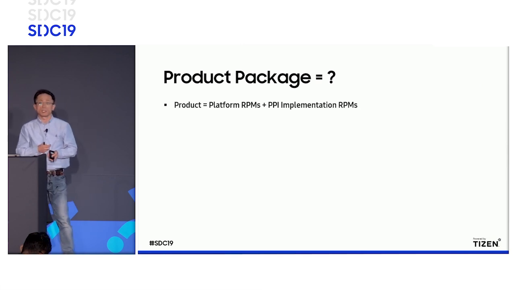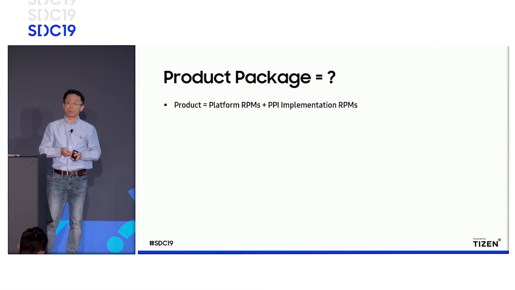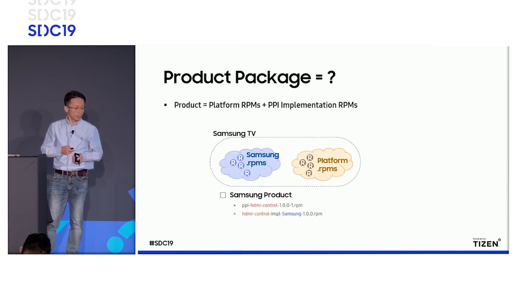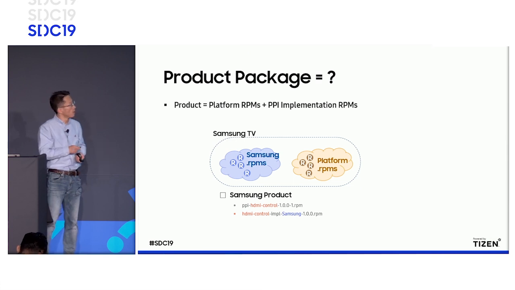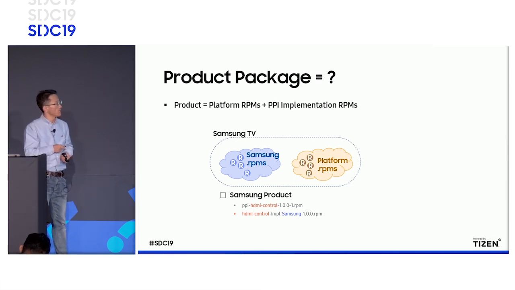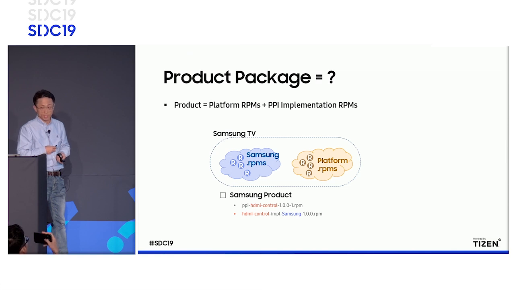Product package is a combination of the product RPM and the PPI implementation RPM. So this is a common package. This is Samsung specific RPM. So like you see, HDMI control RPM, this is a common, this one. And this is the Samsung specific implementation.